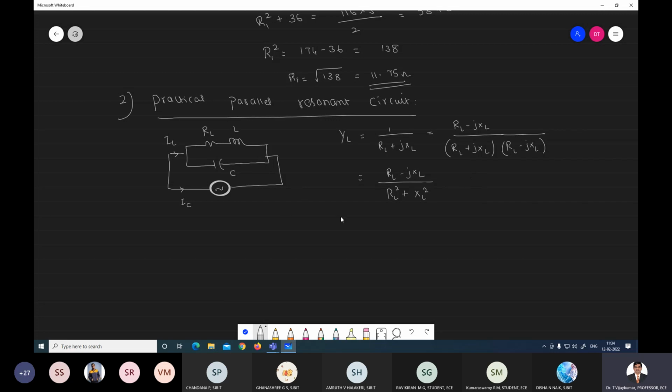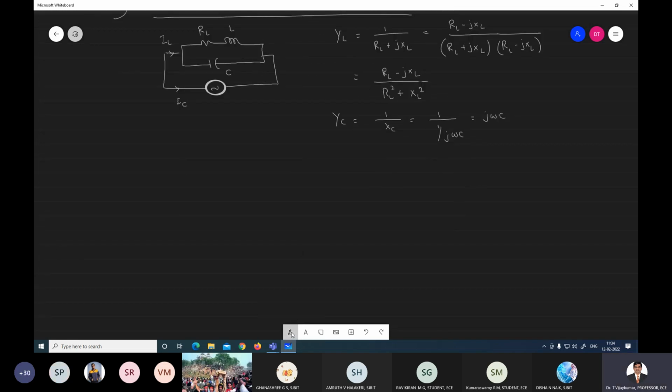Then what is YC? YC is nothing but 1 by XC, that is 1 by 1 by J omega C, which is equal to J omega C only. Then what is the total admittance? Total admittance is given by YL plus YC.